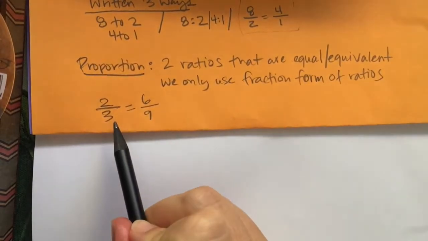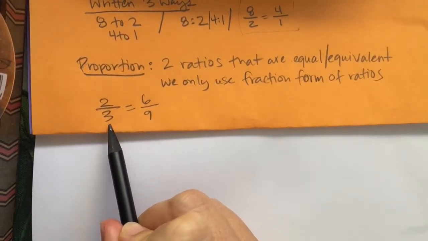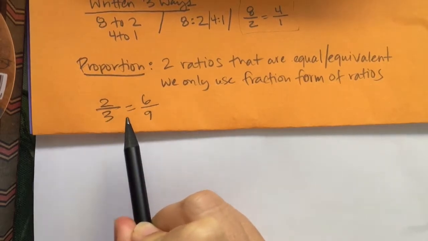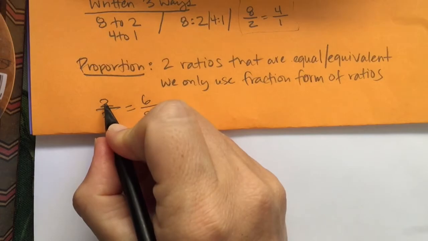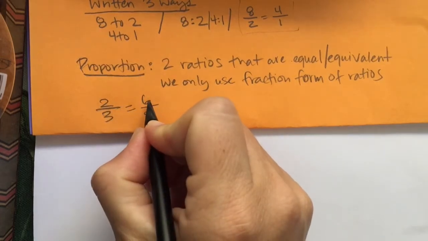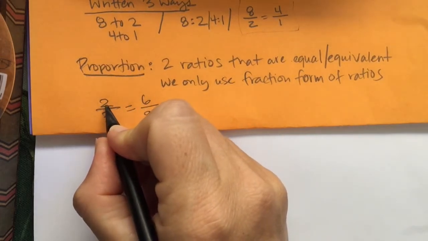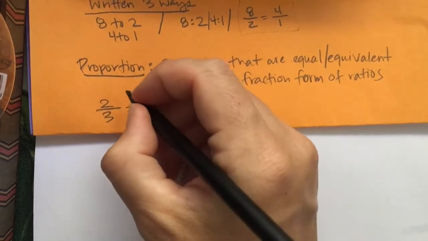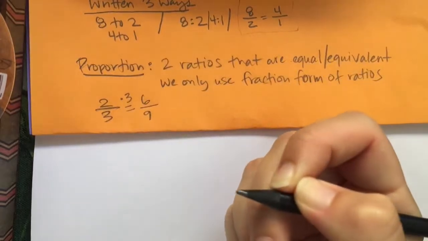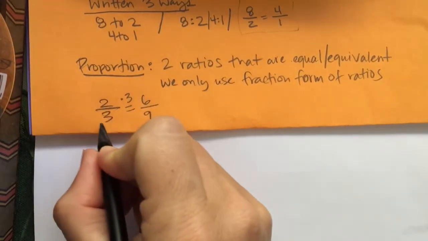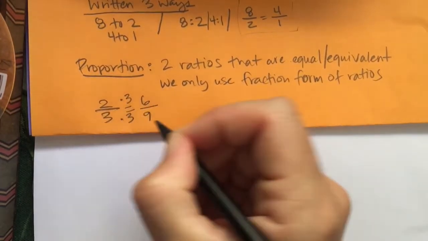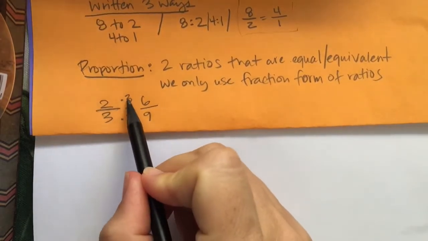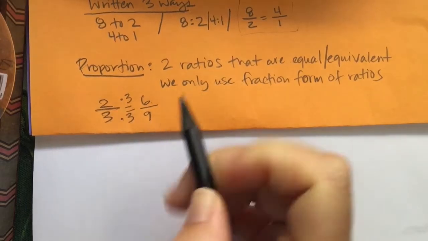Okay, I can tell that this proportion is equivalent. This is in proportion because whatever I do to this number up here to make this number across from it, so to get from 2 to 6, we would multiply by 3, right? In order for this to be a proportion, I have to be doing the same thing to the top numbers and the bottom numbers, okay? 2 times 3 is 6, 3 times 3 is 9.